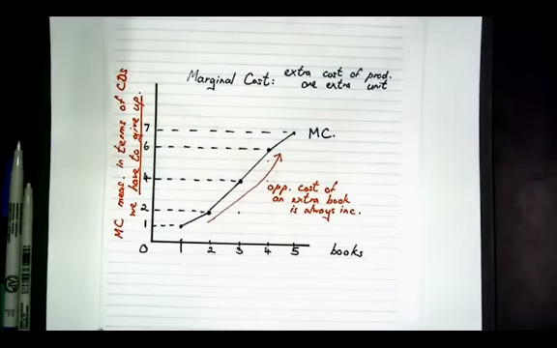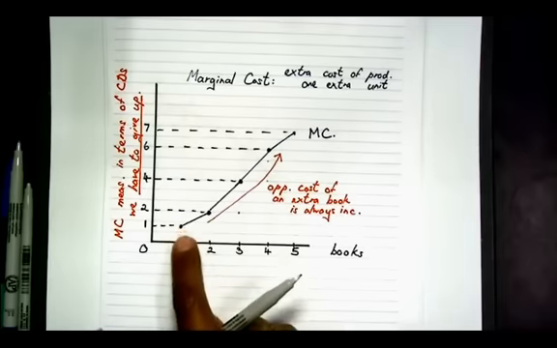The marginal cost of an extra book is always going upwards. Is that okay? The extra cost is always increasing.